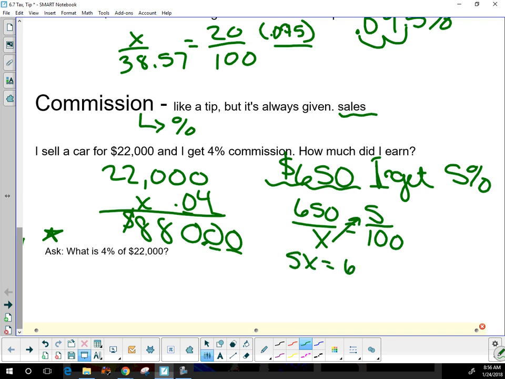Now you don't really have to do hard math here. You just tack on 3 zeros. That's not the cost of a car. Not yet. What's 65 divided by 5? Okay. That was a $13,000 car.